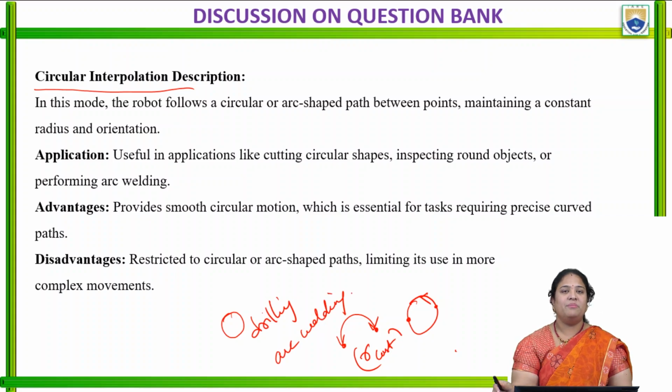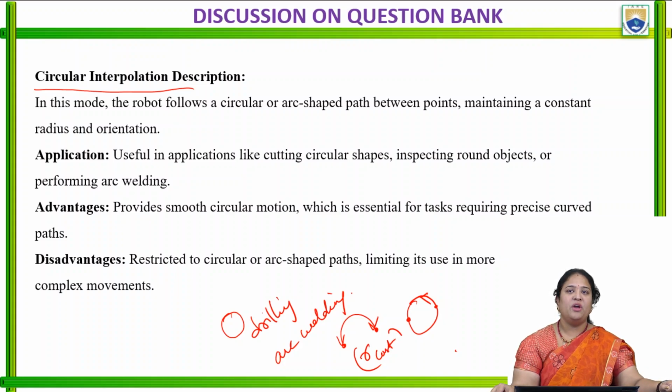These are the best examples we can consider for the circular interpolation path control technique. Now, the advantage of this technique is that it gives a very smooth circular motion, as well as a precise curved path.